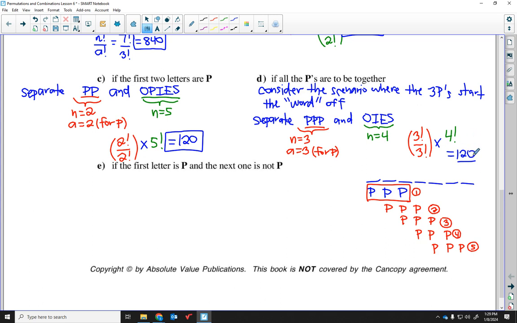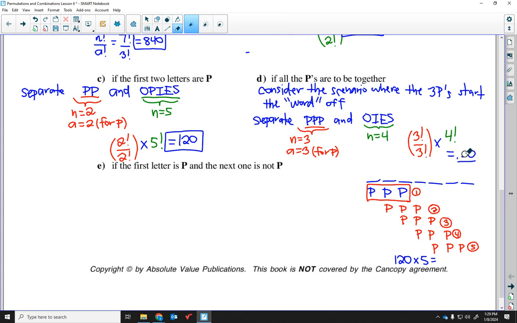So because there's 5 total scenarios in which the p's can be grouped together, we're just going to take that answer for the first part up here, which is 1 scenario, and then just multiply it by 5. So then this would be 120 multiplied by 5. I don't think that's 120. This right here would be 4 times 3 times 2 times 1. I got ahead of myself.